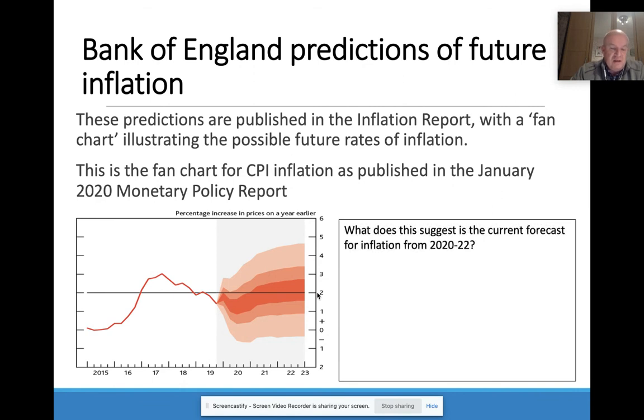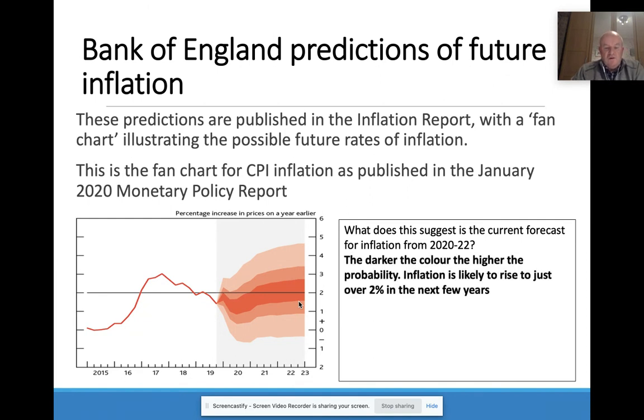Okay, now clearly, where you've been given data of this nature, one could say that this current forecast would suggest that from 2020 to 2022, the likelihood is that we're going to be running at anywhere between 1.5 and 2.5, even 3% inflation, if we take the darker red as the most likely outcome.